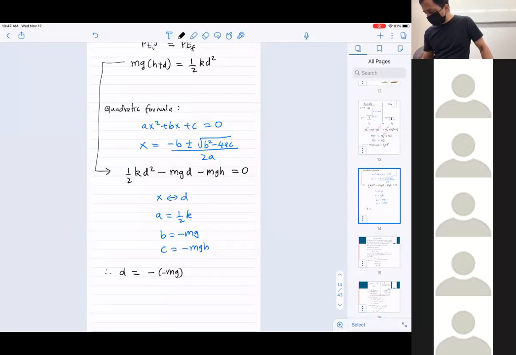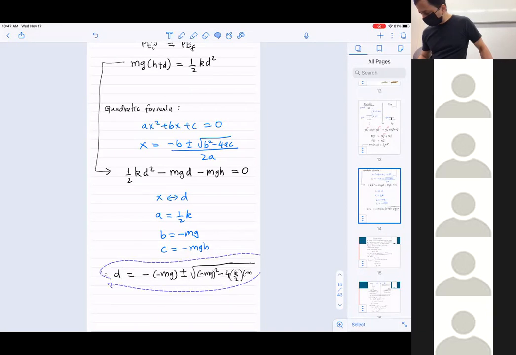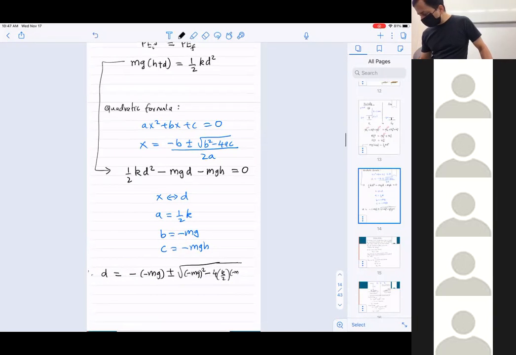Minus mg, plus or minus the square root of minus mg squared, b squared, minus 4ac, 4 times k over 2 times c, which is minus mgh, all divided by 2 times a, which is k over 2.